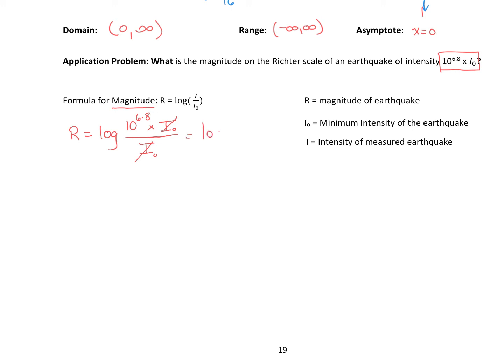So I have log of 10 to the 6.8. And of course, we don't write it, but this is log base 10 of 10 to the 6.8, which says, what power do I have to raise 10 to get 10 to the 6.8? And our answer is 6.8. So the magnitude is 6.8.